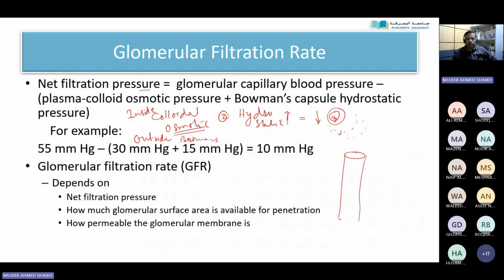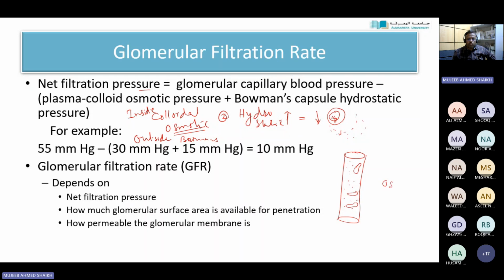Suppose this is a blood vessel or a capillary. Here you will have RBCs and also plasma protein. Got it?